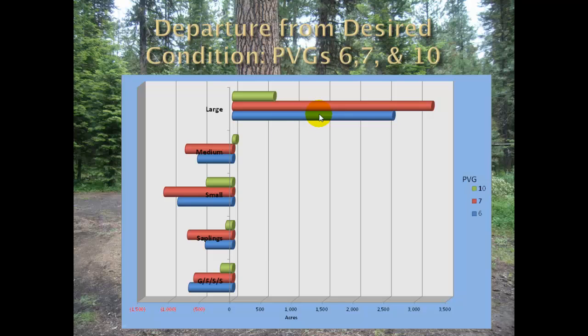So the thought is that a portion of the roughly 2,500 acres in the large tree size class probably includes early seral species, and that portion of PVG 6 that does include early seral species could be appropriate stand conditions for thinning, similar to what has been discussed for PVGs 1, 2, and 5.